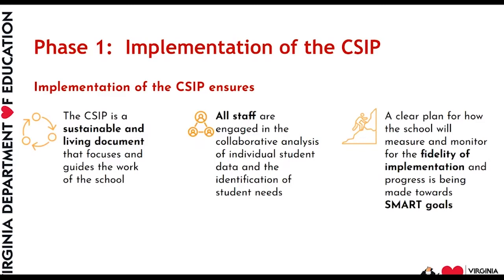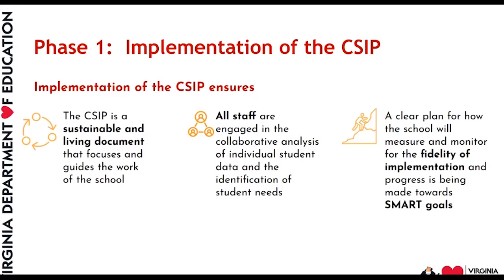Right? Another component of that implementation is all staff are engaged in the collaborative analysis of individual student data and identification of student needs. So everybody's involved. Everybody knows their role. Everybody knows the goals that you're working on and why you're doing these pieces and why you're implementing the steps that you've chosen.